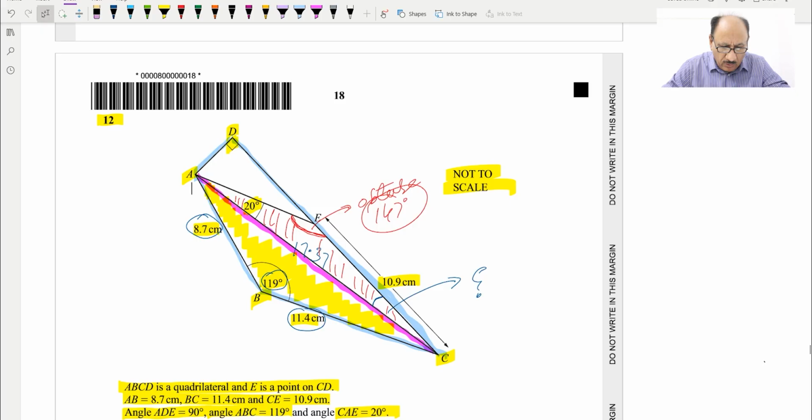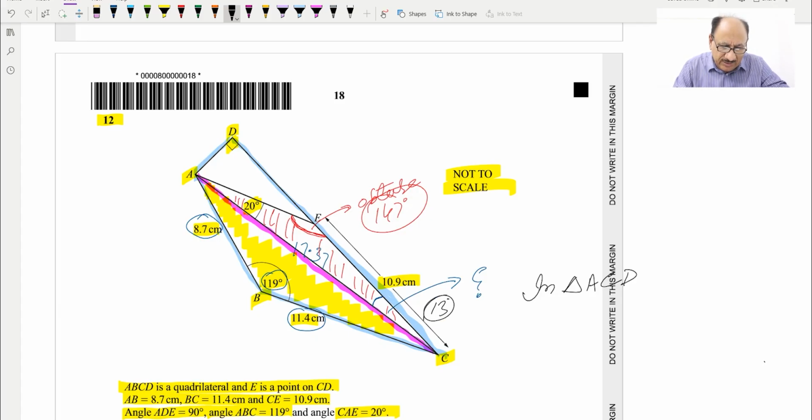So these 4 lengths are required, of which CD we can find. We can consider triangle ACD, and the C angle we just found is 13 degrees.